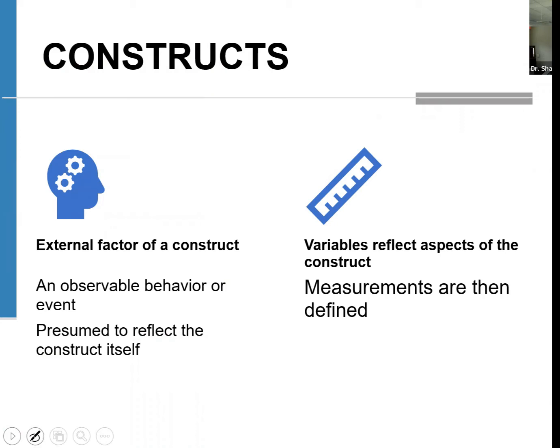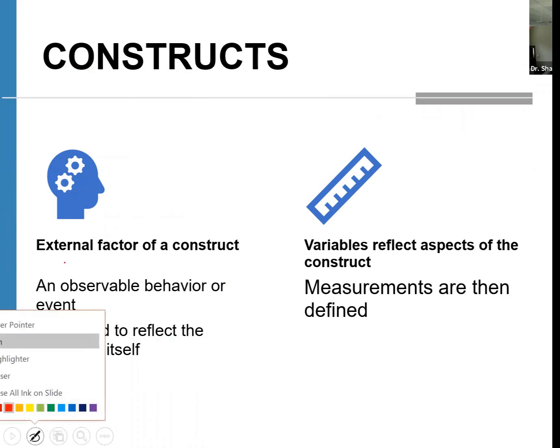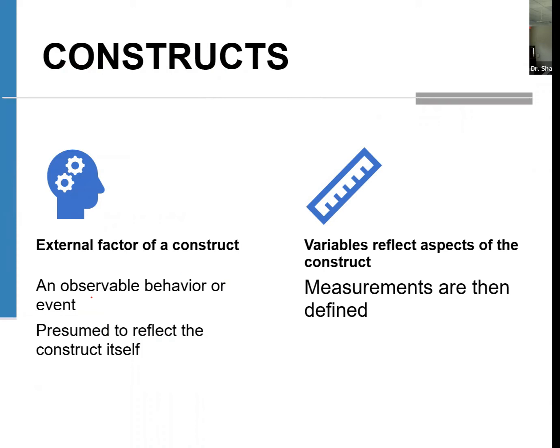Something interesting that I should mention is that not only do we have to define the construct so that we know what it is we're trying to understand, but we also have to have a method in which we are going to measure that construct.